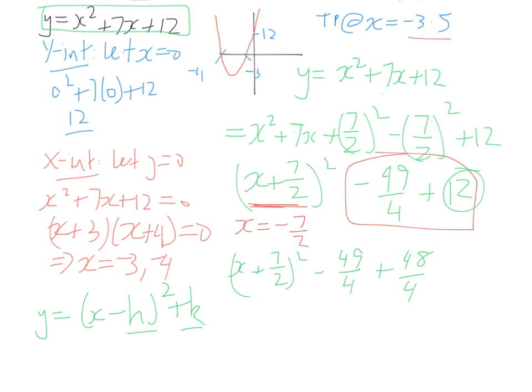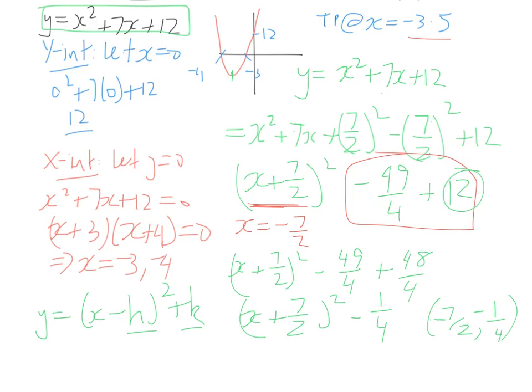So then it becomes x plus 7 over 2 all squared minus 1 over 4. So our turning point happens at negative 7 over 2 and negative 1 over 4. So that is what we've got, negative 7 over 2, which is right there. That's the steps that we take.